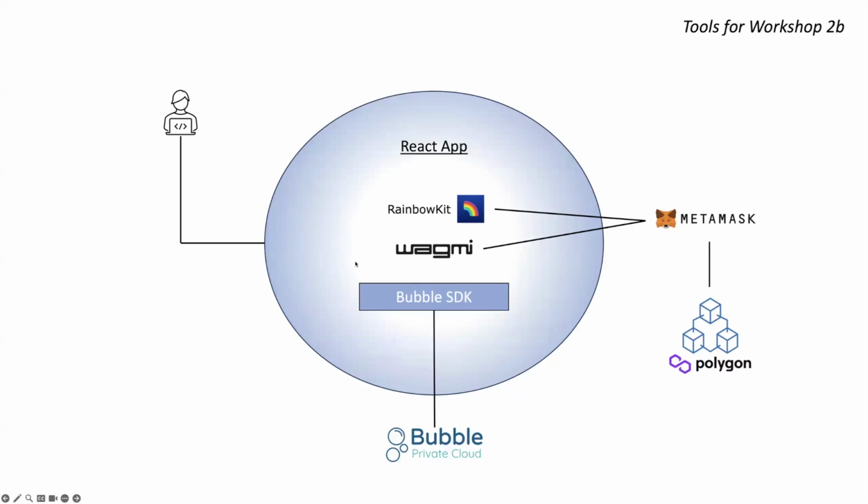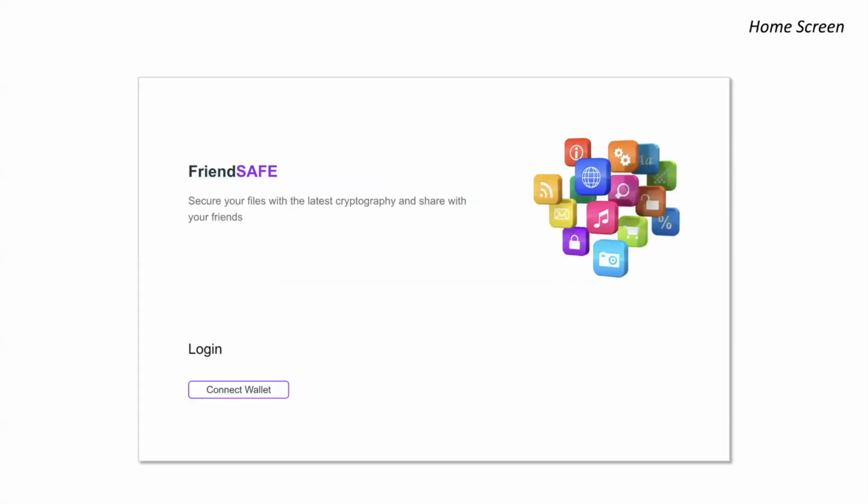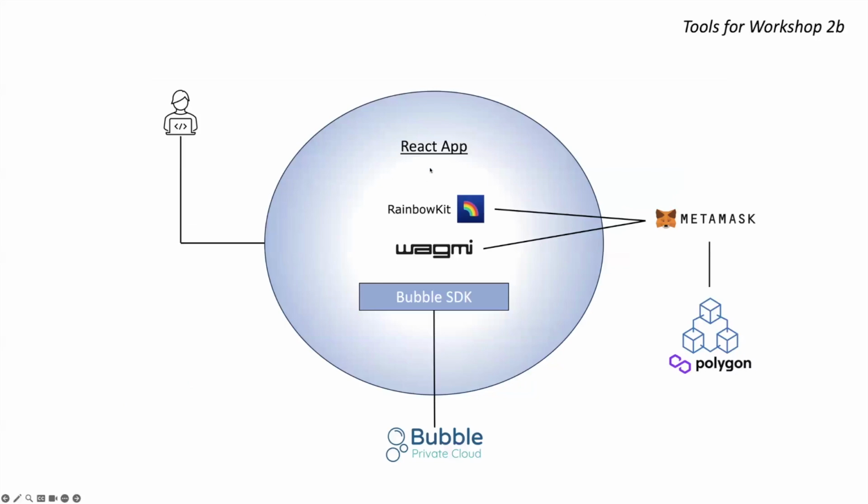So these are the tools we're going to be using today in part B. We're building a React app. We're interfacing with the MetaMask wallet to provide access to the Polygon blockchain. We're using the Rainbow Kit user interface, which allows you to connect to MetaMask and displays your account in a nice way and provides little pop-up windows and so on.